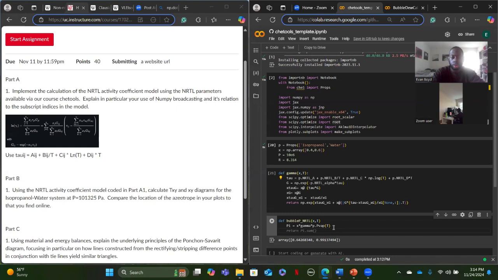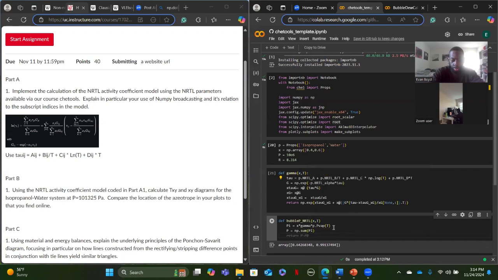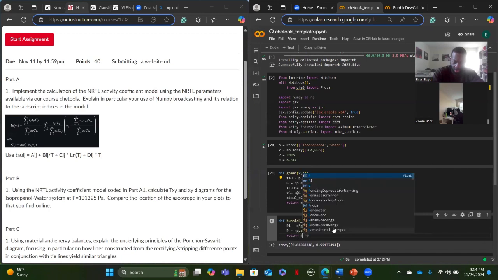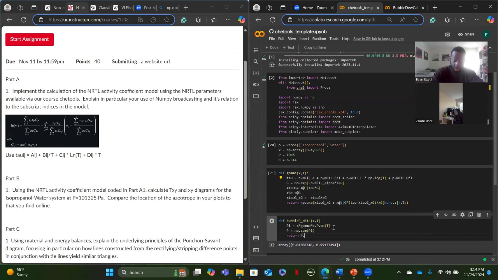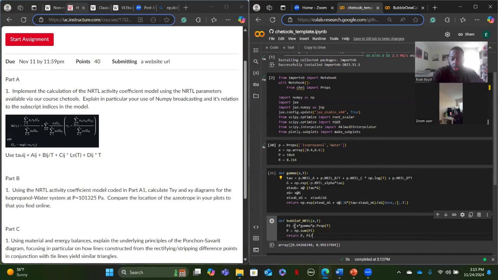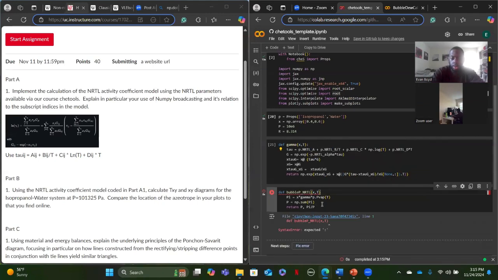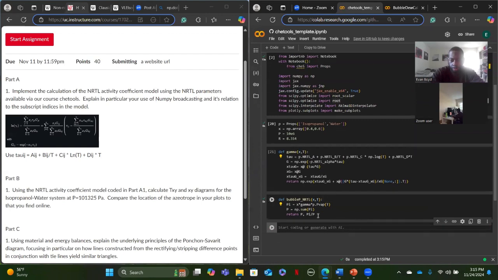The sum of our partial pressures equals our total pressure, so P is equal to np.sum of our partial pressures. When we return this, we want our total pressure and also our vapor mole fractions, which is just our partial pressure divided by our total pressure. Shift enter. Oh, I put our column. Shift enter. Perfect.